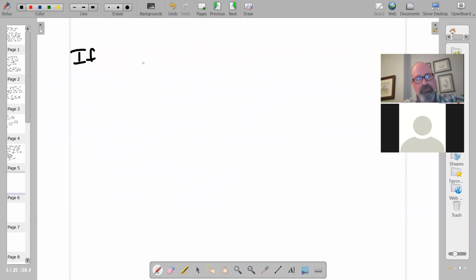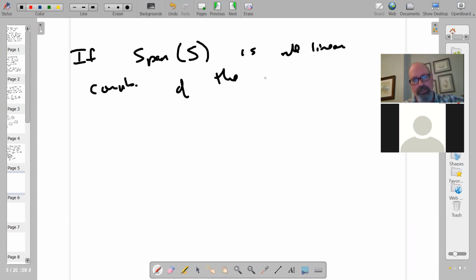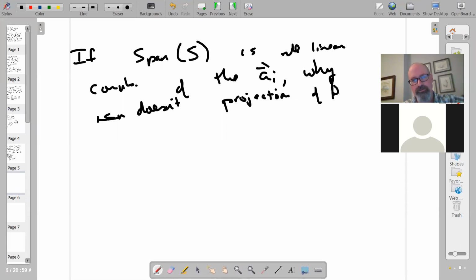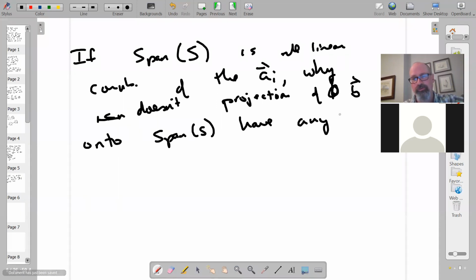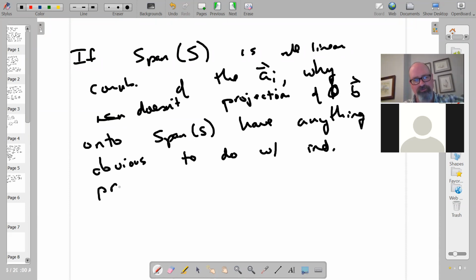If the span of my set S, if S contains those vectors, is all linear combinations of the A sub I, why doesn't the projection of B onto span S have anything obvious to do with the individual projections?